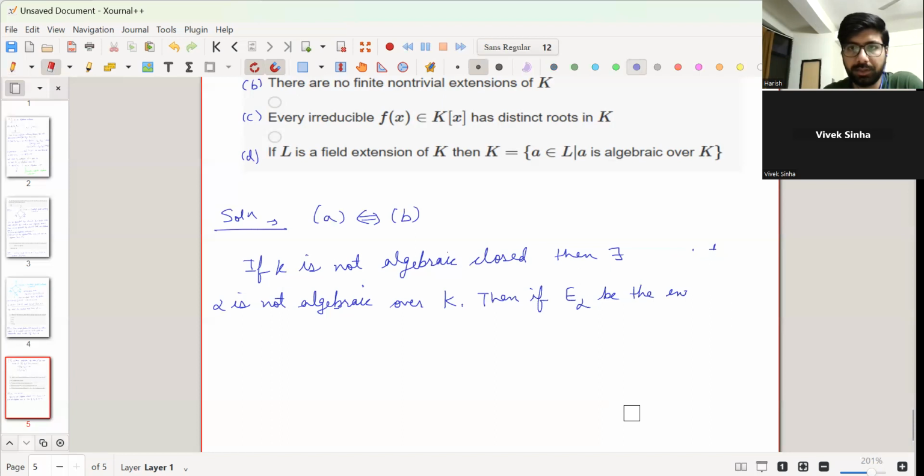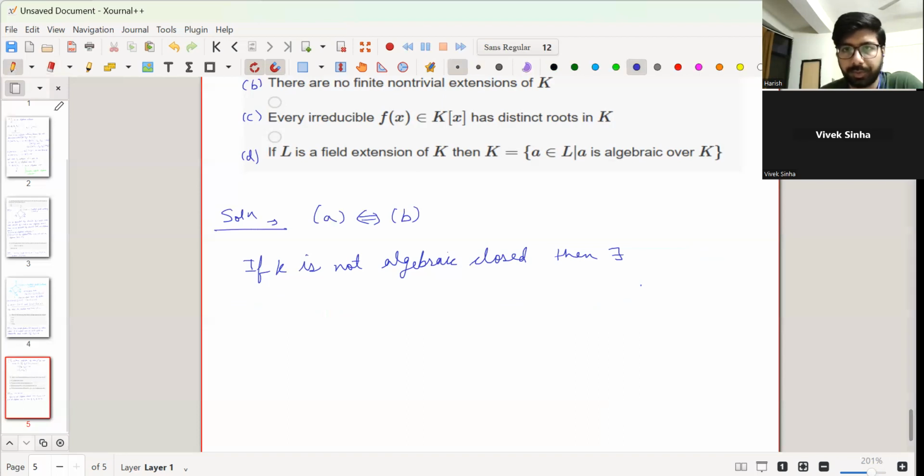Algebraically closed means all of its polynomials have roots inside the field, right? So there exists f(t) belonging to K[t] such that f(t) has no roots in K, right?